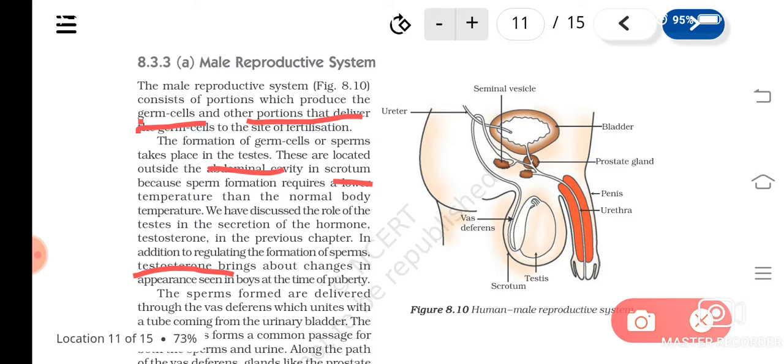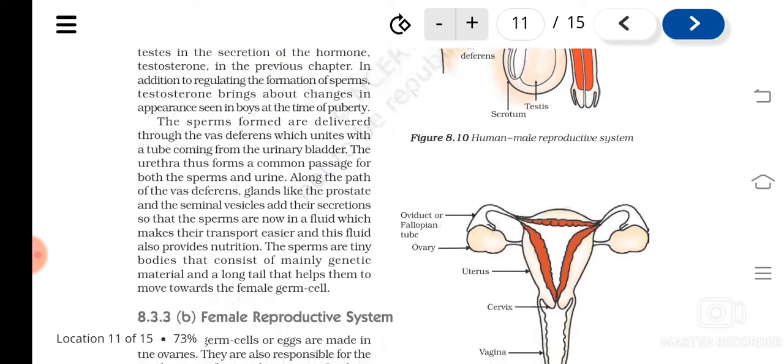So what are testes, where are they located, and what are their functions? All that is clear. So inside the testis, what is produced? Sperms. And why are they located outside the abdominal cavity? Because for sperm production, a lower temperature than the body temperature is needed, okay. Then the sperms formed, how will they get delivered?